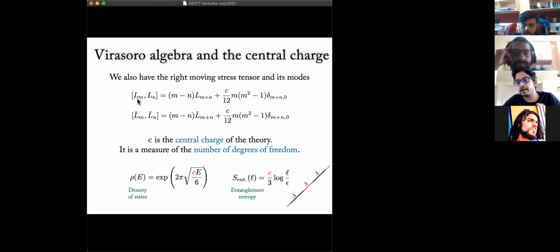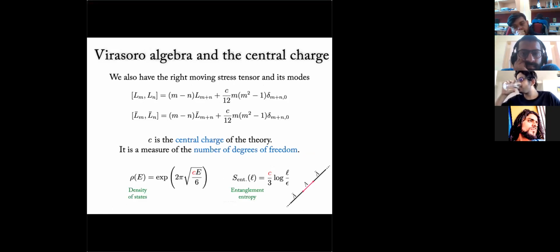So there is one for the left moving part, and another for the right moving part. And as I mentioned, c over here is the central charge of the theory, and it is a measure of the number of degrees of freedom of your system. The fact that it is a measure of the number of degrees of freedom can be seen in the high energy density of states.